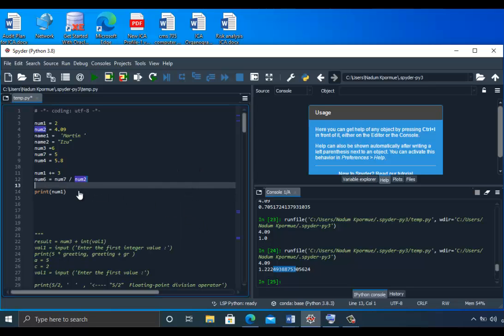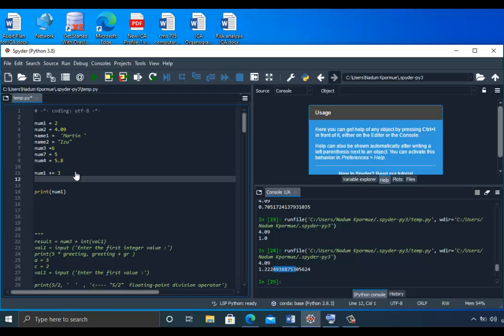Let me take this off as well so that we don't mix up things here. This is a compound operator, where the addition operator is combined with an assignment operator. Two of them coming together is called a compound operator.